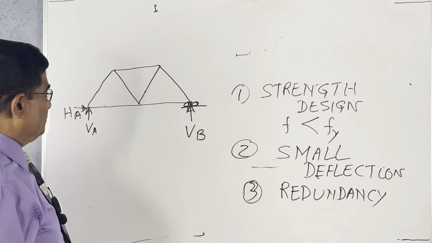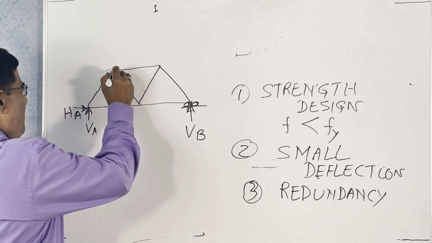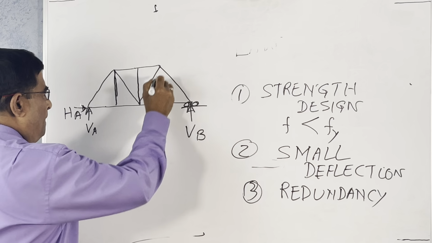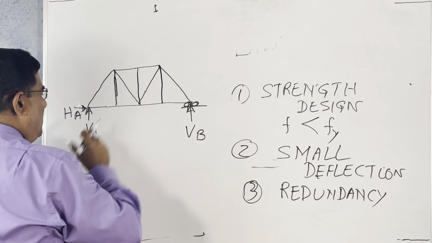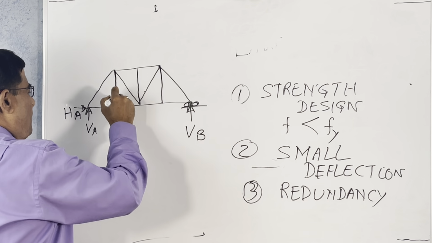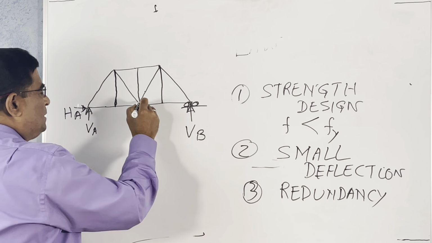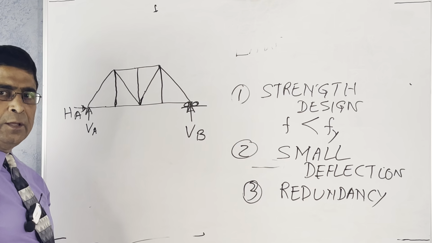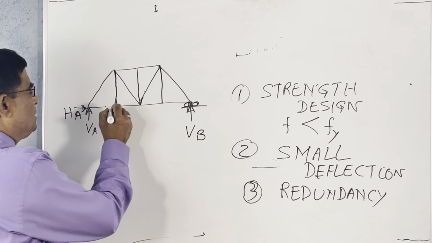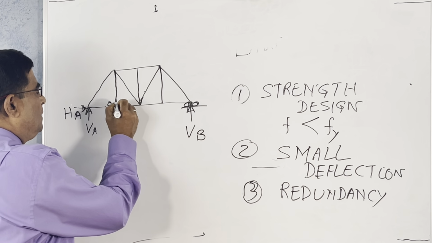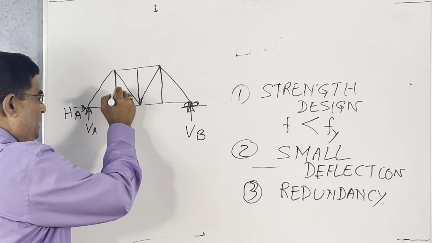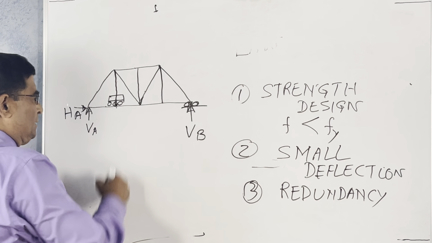Now, if we add some members like this, additional members, these members are not actually needed. But we can apply them, because in a bridge, suppose it is a bridge, when you have a truck here, this member will take the load and transfer it to that.